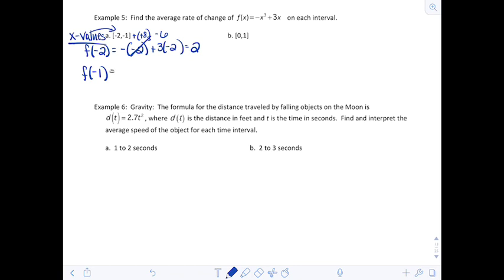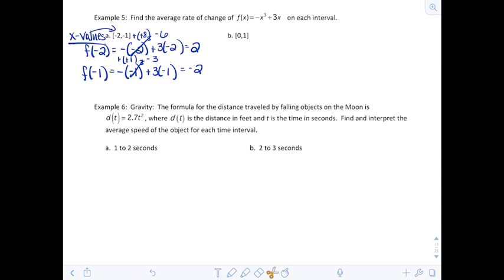Then I have negative 1. When I replace x with negative 1, I get the opposite of negative 1 cubed plus 3 times negative 1. So that gives me the opposite of negative 1, which is positive 1, minus 3, which is negative 2. So there I found my functional values.